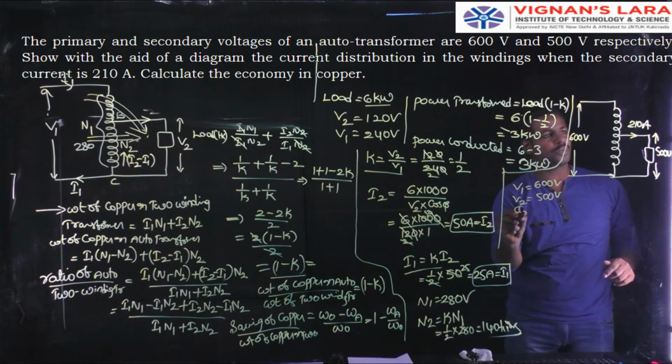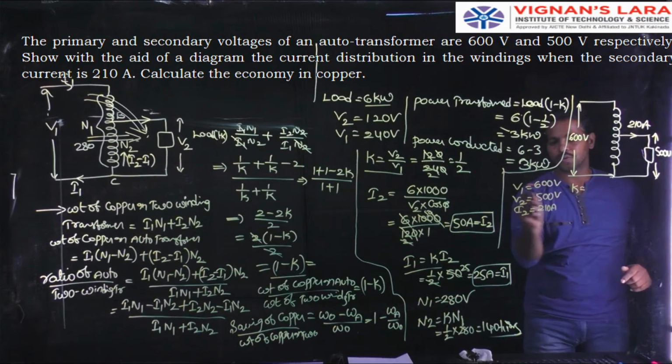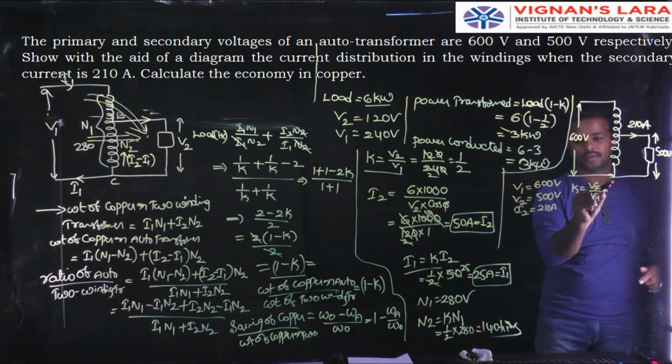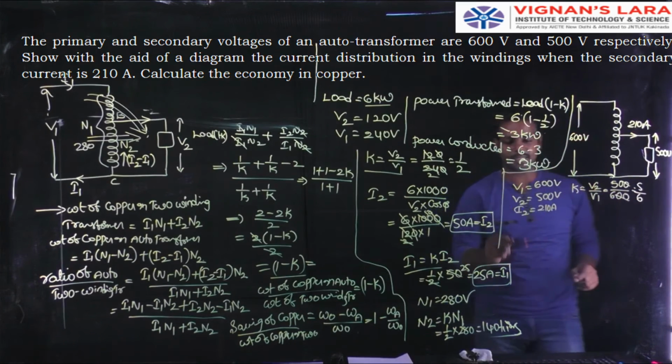I2 is equal to 210 amperes. Then K is equal to V2 by V1, so 500 divided by 600 is equal to 5 by 6. K is equal to 5 by 6.